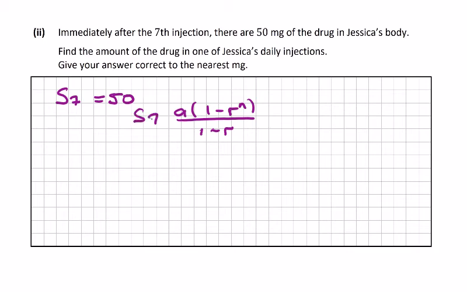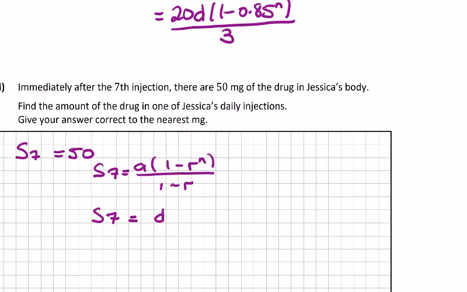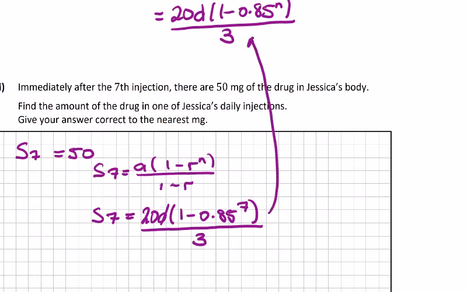So S7 is going to be equal to a, the initial amount, which we don't know, this is what we're looking for, which is D. 20D, actually, we'll just use the formula so it's visible, 20D times 1 minus 0.85 to the power of 7, just make this a bit neater, 20D over 1 minus 0.85 over 3 we have from above. I'm confusing the two.